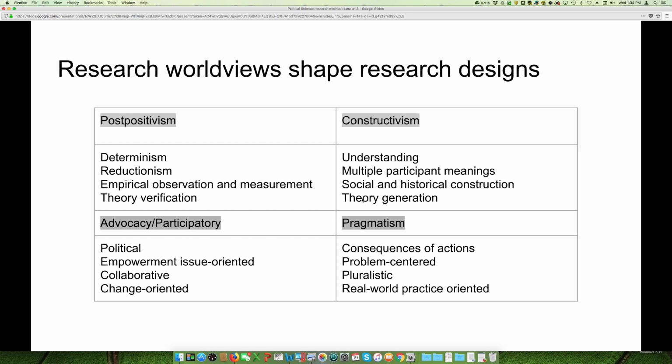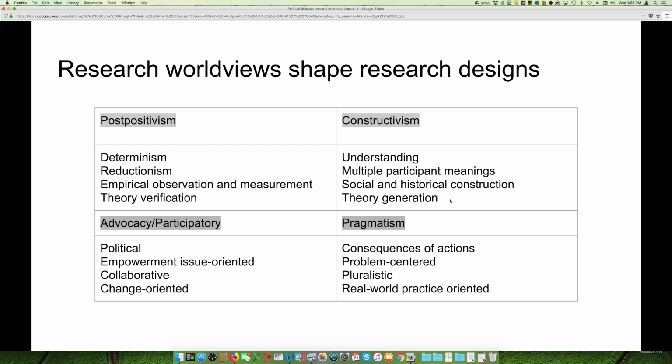And also, constructivism can lead to theory generation. So when you're trying to understand why a particular policy failed, and you immerse yourself in the policy process, you might understand points at which the intentions of Congress were either not informed or were deliberately benefiting different classes of people differently.